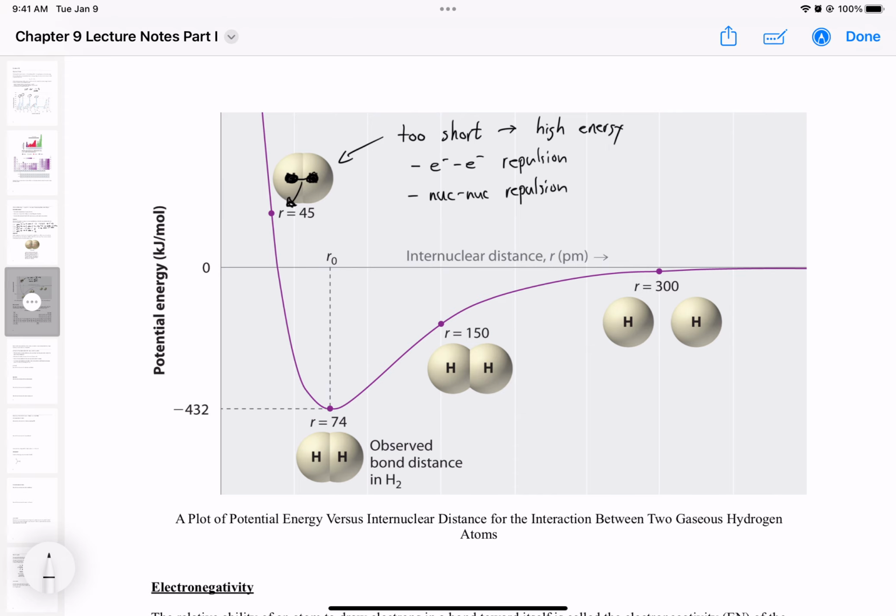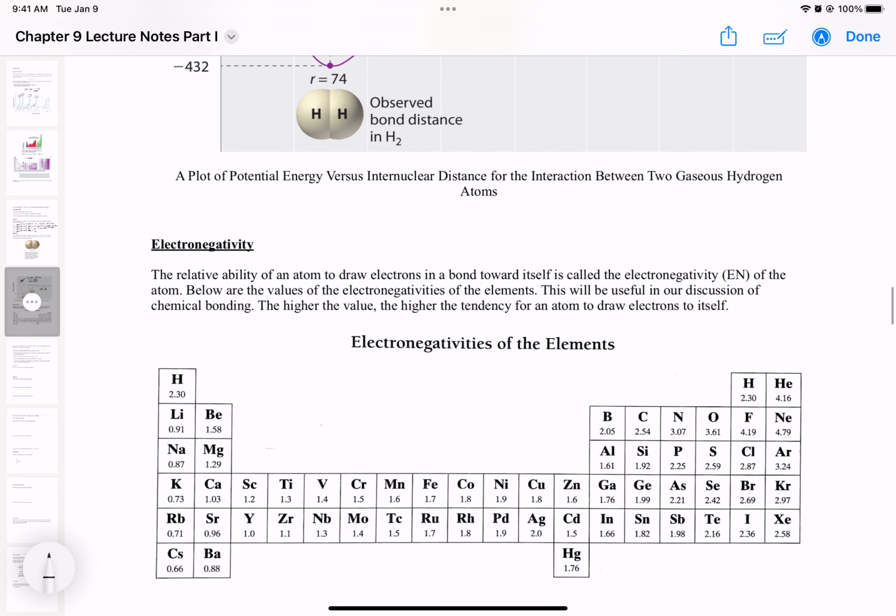Okay, all right. So now let's talk about something called electronegativity. When atoms are involved in compounds like chemical bonds, they have a tendency to draw electrons towards itself because one atom is more electronegative than the other.